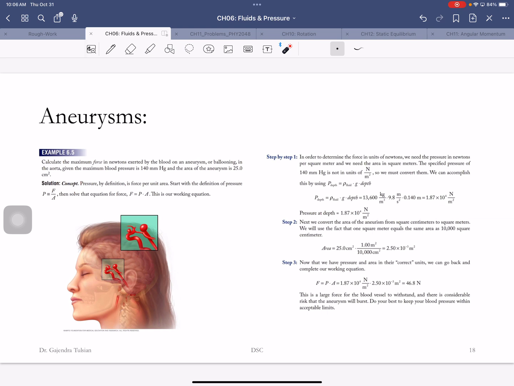You guys know what an aneurysm is? So here's a blood vessel. This wall weakened, and then this will bulge. So a weakened wall has bulged. Now let's look at this. Pressure is force divided by area, so force is pressure times area.